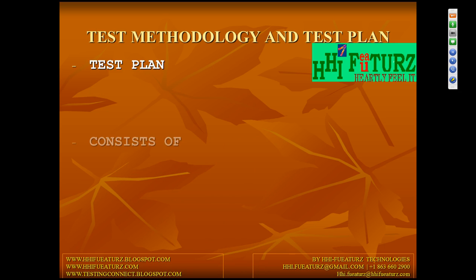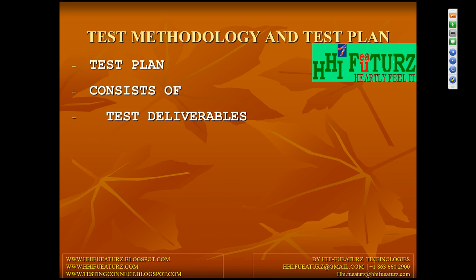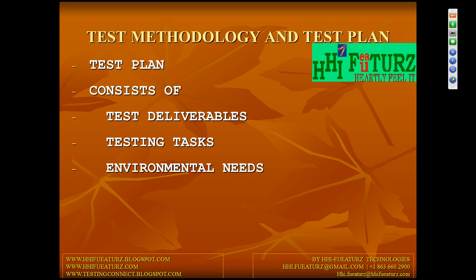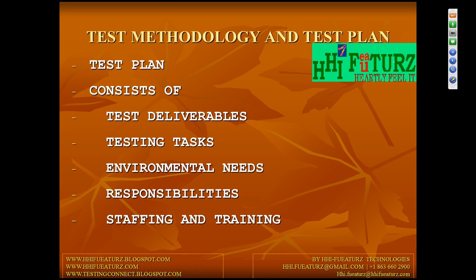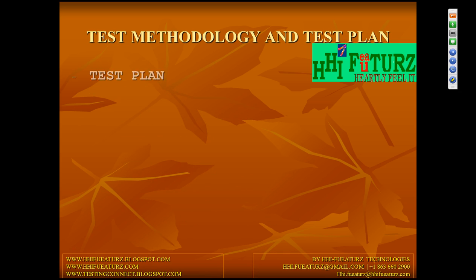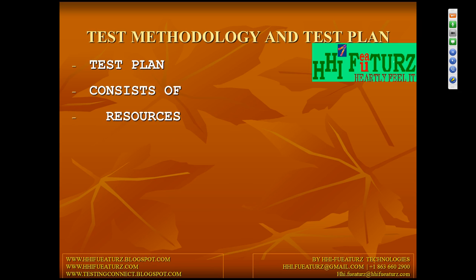Then test environment, testing deliverables, testing tasks, environmental needs, responsibilities, staffing and training, scheduling, resources. Okay, finally approval, risk and contingencies. Around 17 items you will come up with.